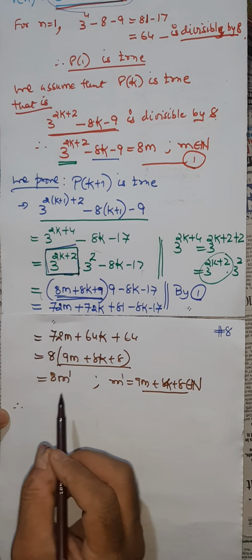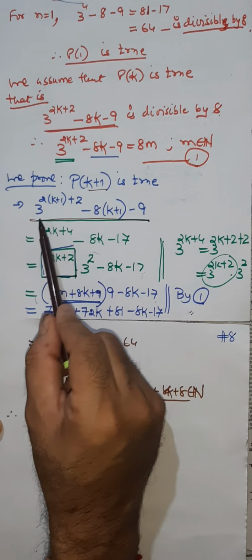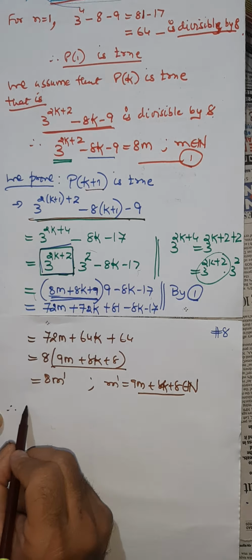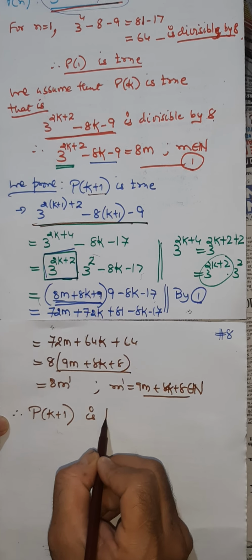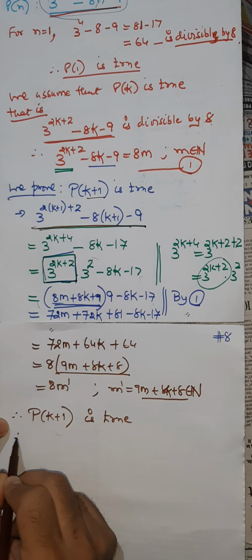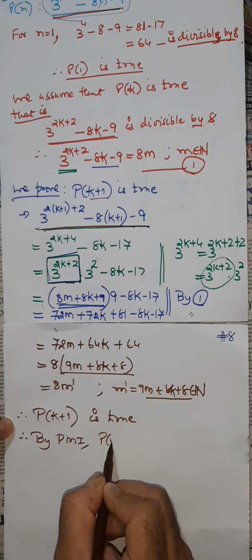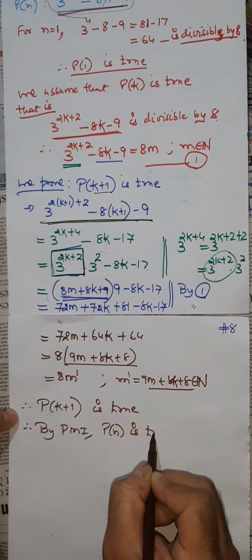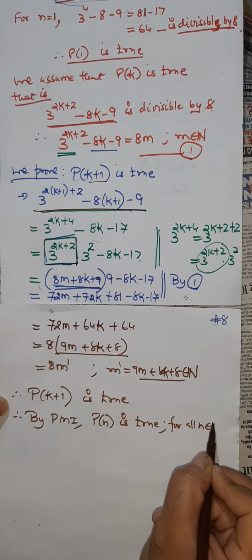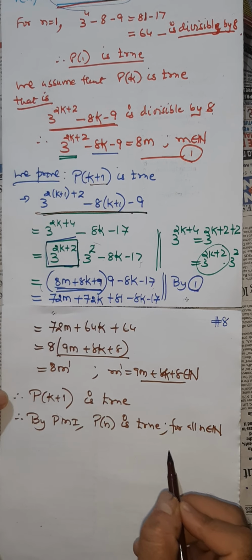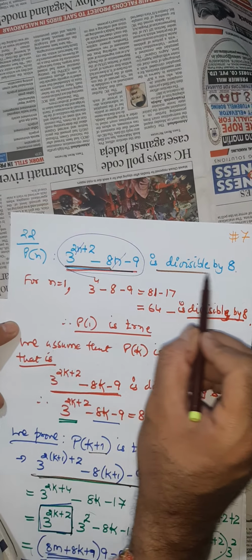Okay, so therefore what you have shown is that this expression, when I put n equals k plus 1, is a multiple of 8. So p of k plus 1 is true, and therefore by PMI, the given statement Pn is true for all n belongs to N. That means Pn is true for all n belongs to N, meaning you choose any n here, this number is always divisible by 8.